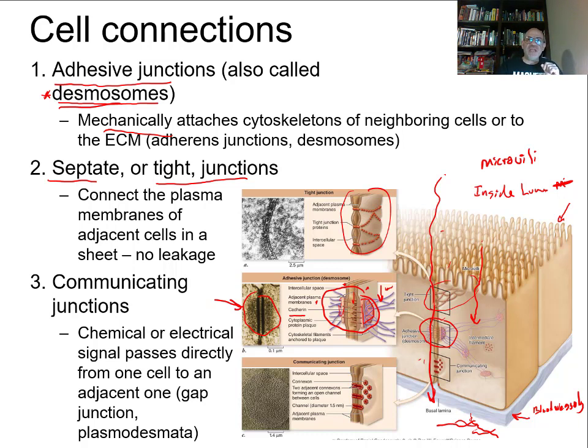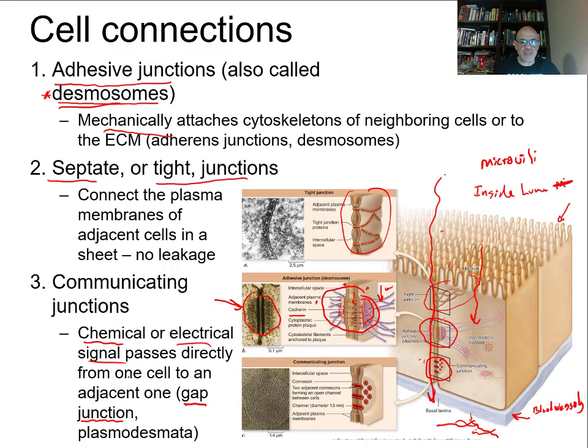And then we're going to have communication junctions, and the communication junctions in animal cells are going to be called gap junctions. We can see some down here, and they're basically proteins that connect one cell to another, and they have these little gaps or little pores. That's going to allow materials, chemical materials, and even electrical signals to pass directly and quickly from one cell to another.